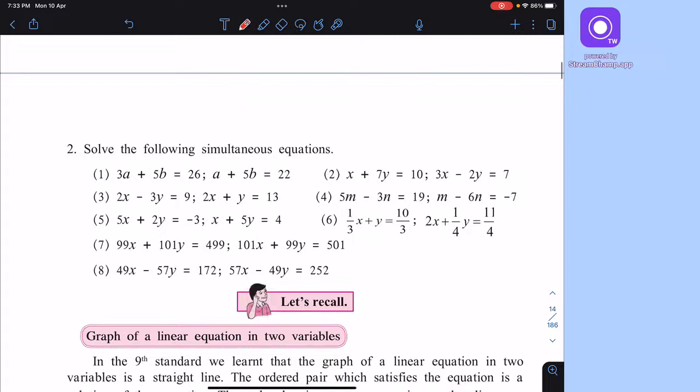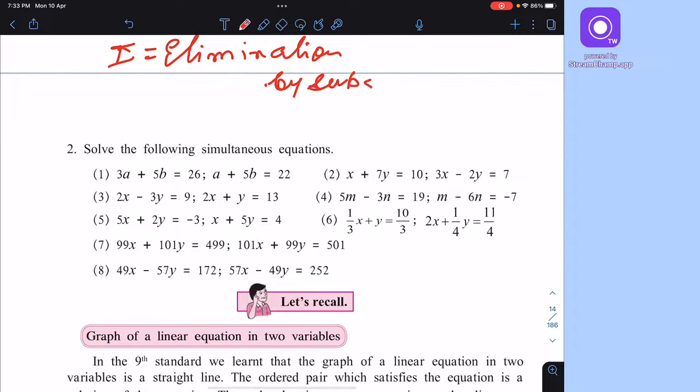We have studied two methods so far. One method is elimination by substitution. And the second method is elimination by equating coefficients.